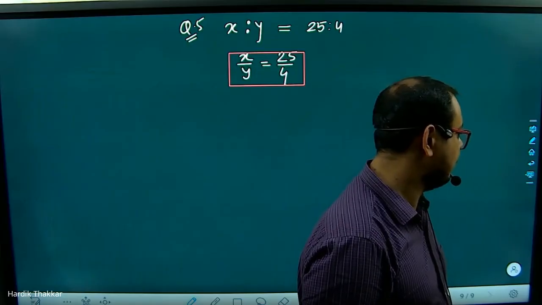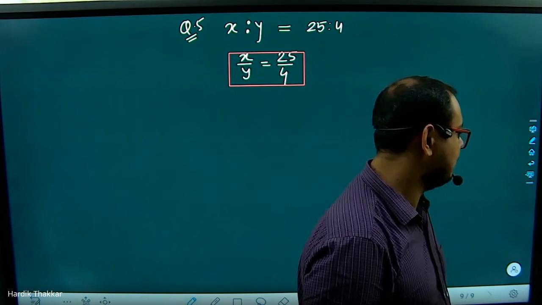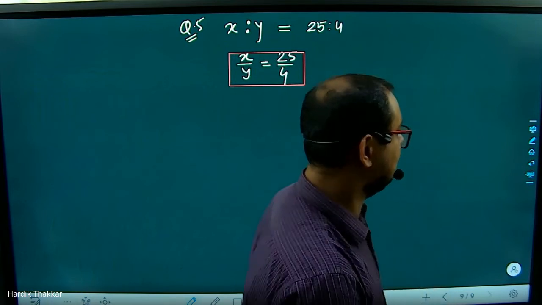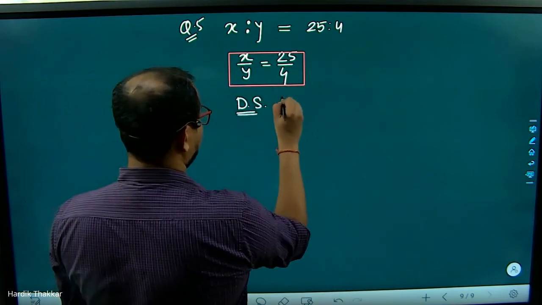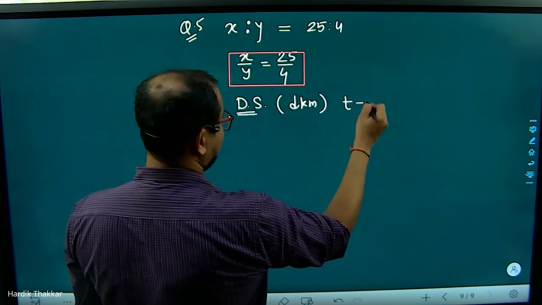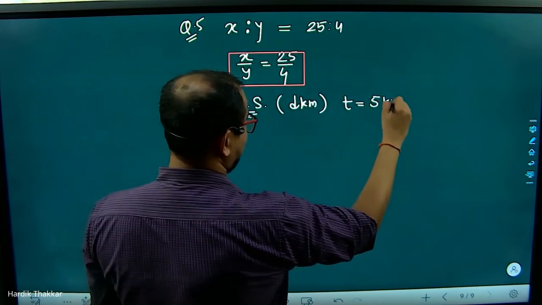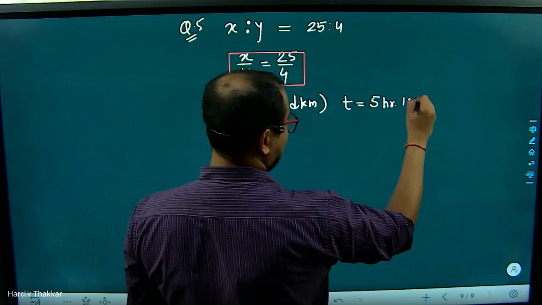So just read me this statement again. The motorboat goes certain distance downstream. So the condition is downstream. It is considering some distance d kilometer, and time taken to cover that distance is 5 hours 15 minutes.